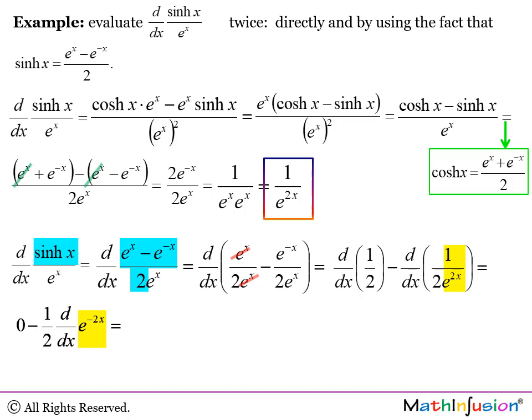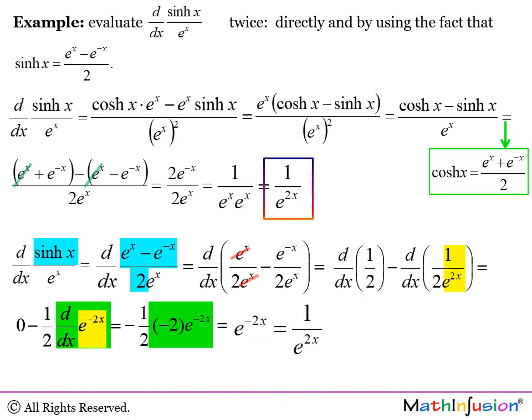Now the derivative of this is negative 2, using the chain rule, times e to the negative 2x. So everything is negative 1/2 times negative 2 times e to the negative 2x, which is e to the negative 2x, which also can be written as 1 over e to the 2x. Obviously, I got exactly as before.